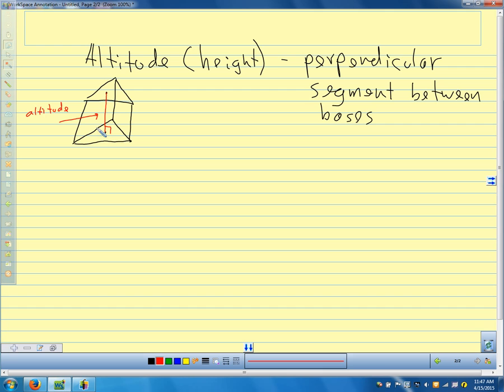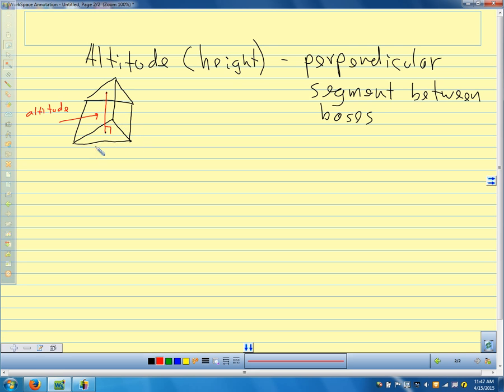Now the other thing that happens in Chapter 11 is we will talk about bases of prisms, bases of polyhedrons. For example, the base of this prism is a triangle. Well, the triangle also has a base. So we have the base of the base. So we're going to be using base to mean several different things. We'll talk about the altitude or the height.